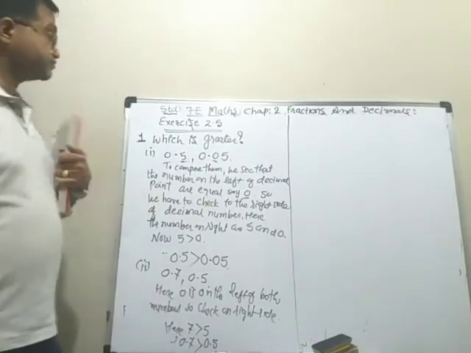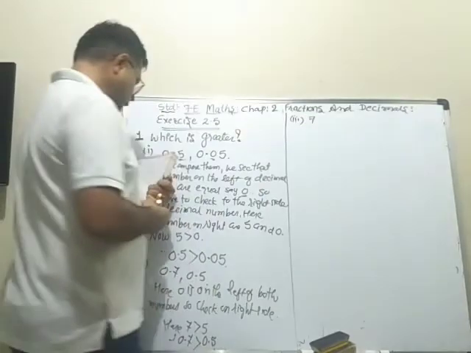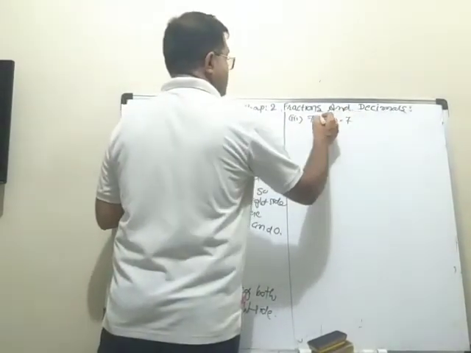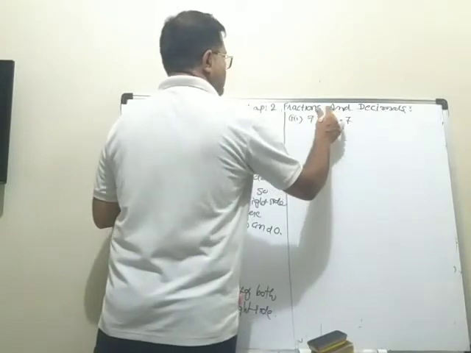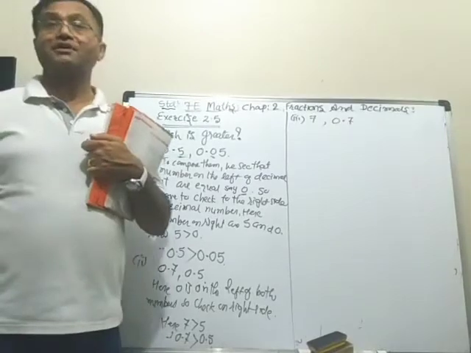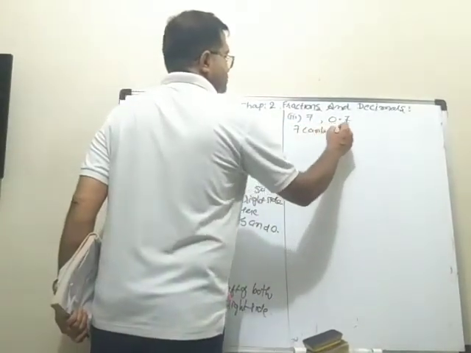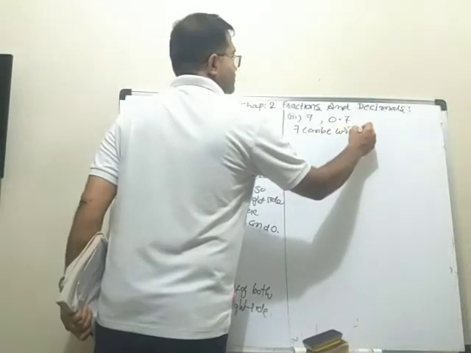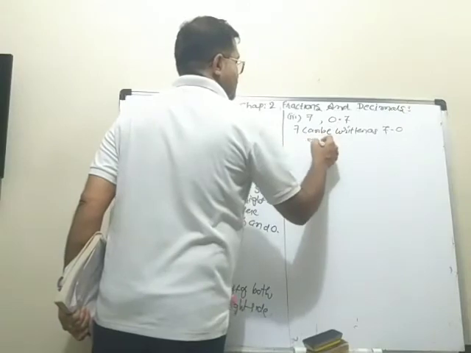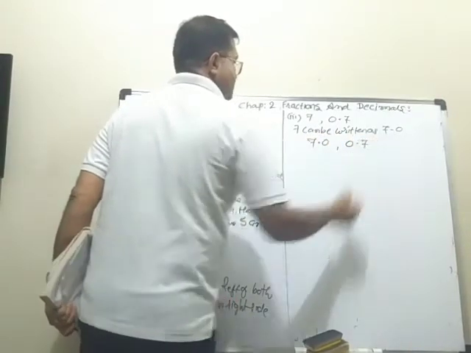The third pair is given like that: 7 and 0.7. Actually it was written as 7 or 0.7 here, but I put a comma, it doesn't matter. So 7 can be written as 7.0. So now 7.0 and the other number is 0.7.